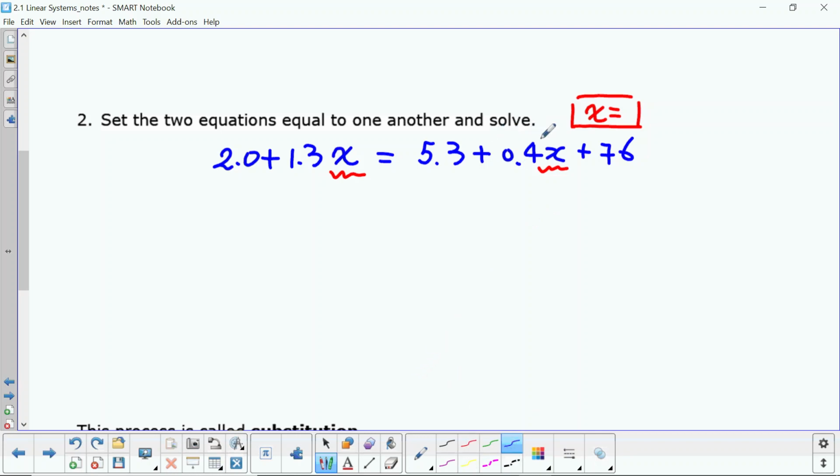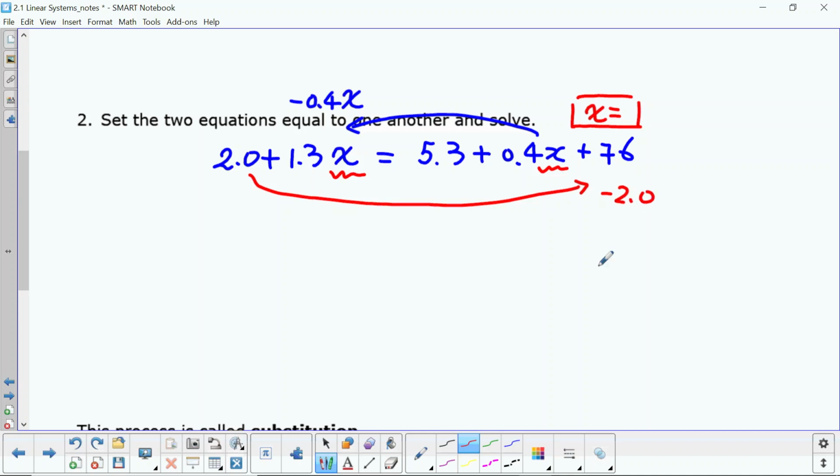And we want to move the variable to the same side, so the opposite operation is minus 0.4x. And also we don't want to see a number on the same side as x. We move the 2.0 to the other side. The opposite operation will be minus 2.0.